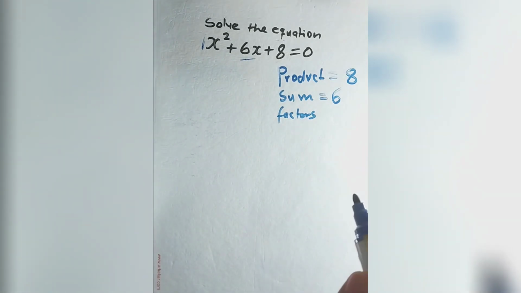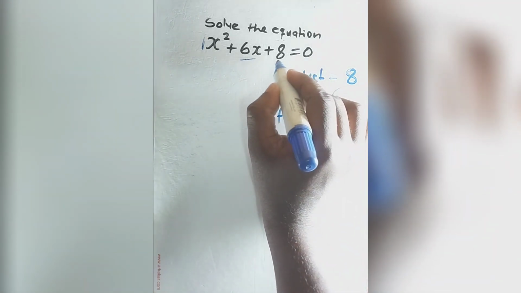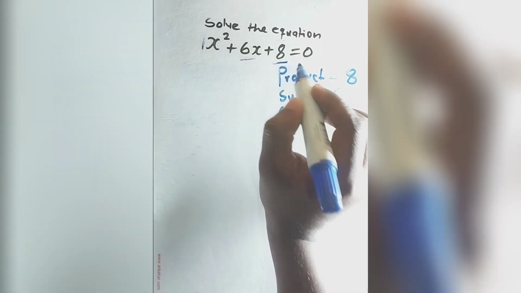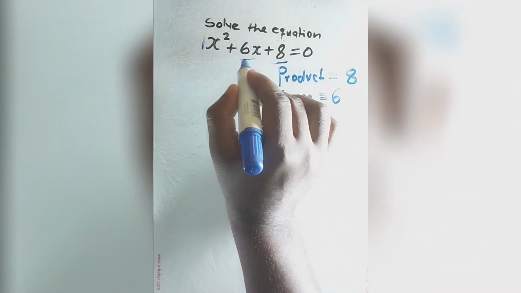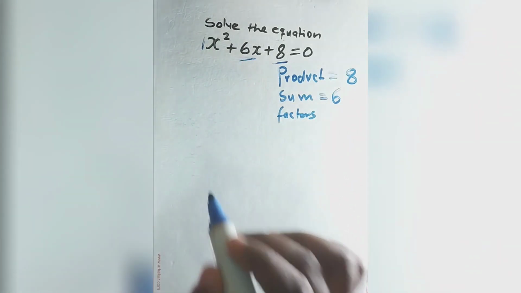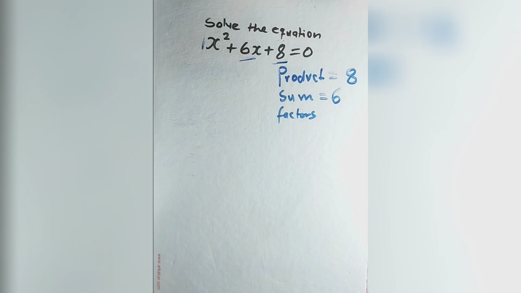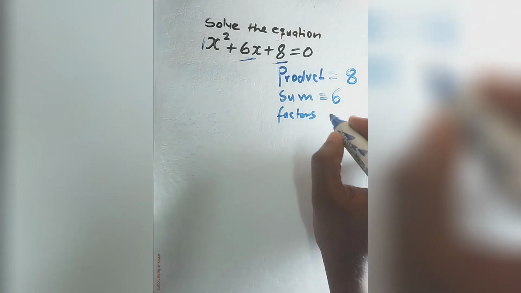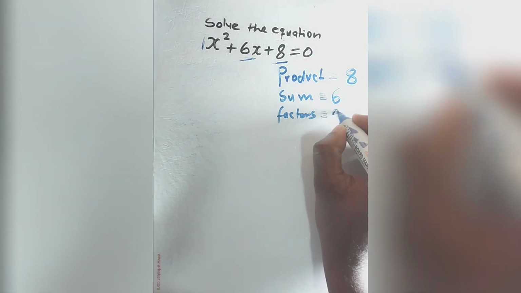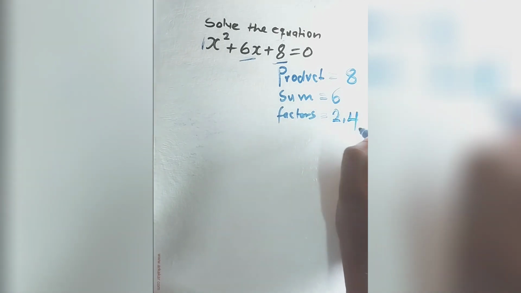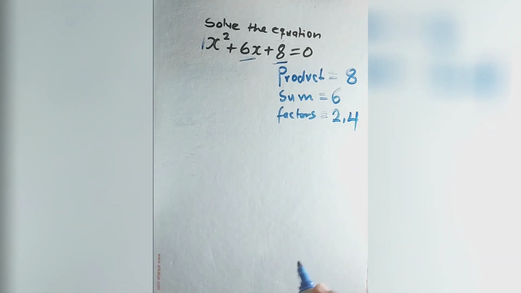So that will give you the factors. We have to find two numbers here, that is 2 and 4. So 2 and 4 are our factors.